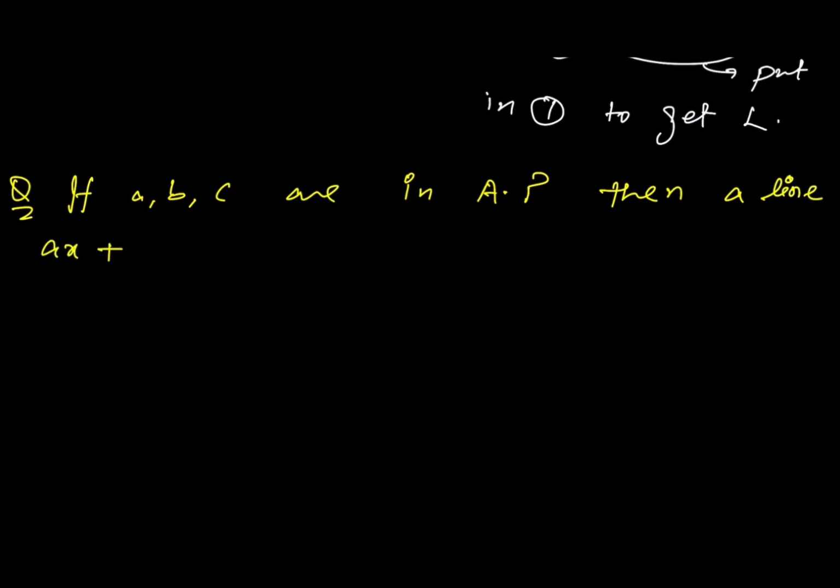The question is: if a, b, c are in AP, then the line ax + by + c = 0 passes through a fixed point.